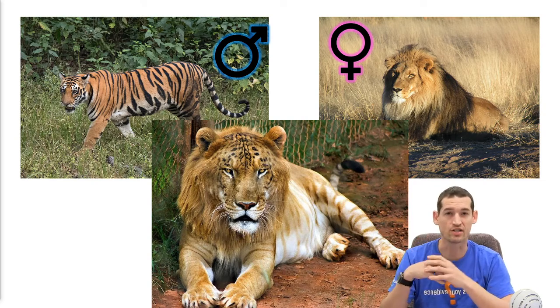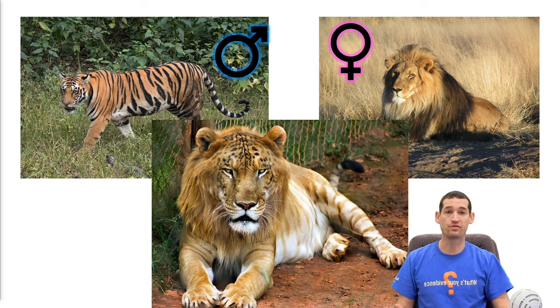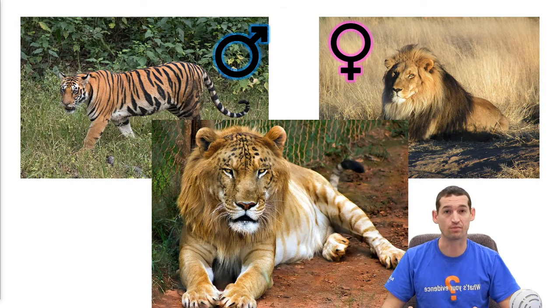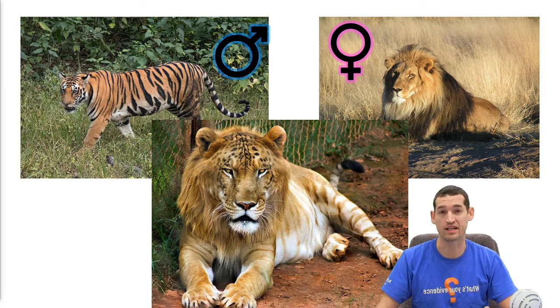So there is that crossing of genes between the two parents. Again, though, because of the way the genes interact, both of these, the liger and the tigon, tend to be sterile. Other than a few really rare examples, they can't interbreed, they can't have offspring. So a liger is not a new species, and neither is a tigon.